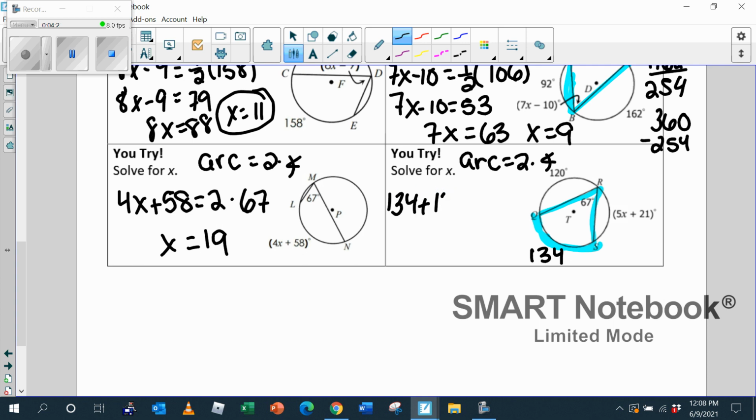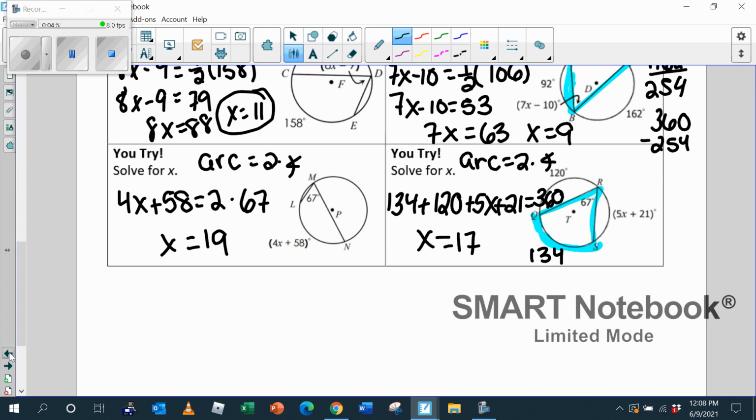So 134 plus 120 plus 5x plus 21 equals 360. Take a minute to do all that. Pause it if you would like. And x is equal to, I believe, 17. All right, again, if you didn't jot everything down, pause it, jot it down.